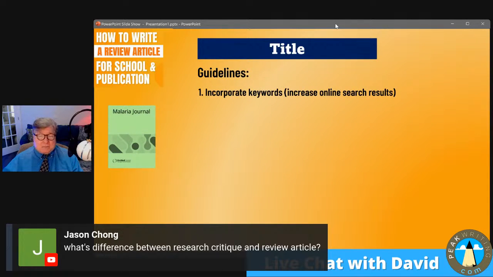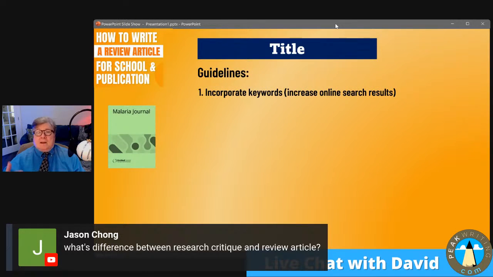In the title, you want to be sure to incorporate keywords. I don't think this is something we spent a lot of time on in our previous live stream, but editors will be looking for the correspondence, the correlation between keywords in your title and the keywords you list at the end of your abstract, and also the keywords used in the abstract.